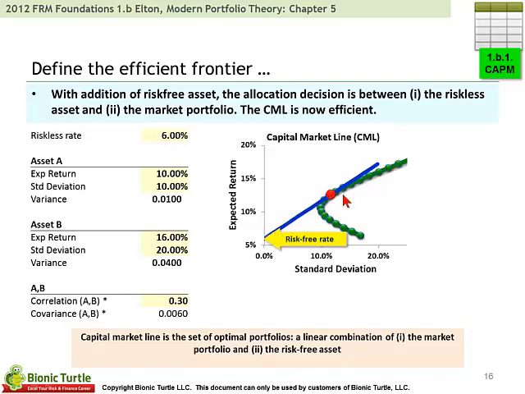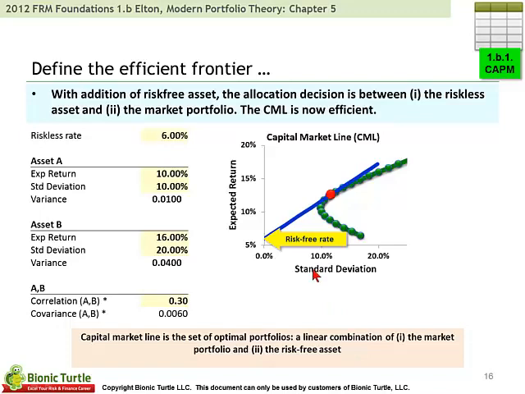And now we have really a capital market line that becomes the efficient frontier, because you can see it's superior here to previously efficient portfolios on the green line. So this is our capital market line. It is now efficient, and I like to keep in mind here the x-axis is the standard deviation. The capital market line is a set of optimal portfolios.